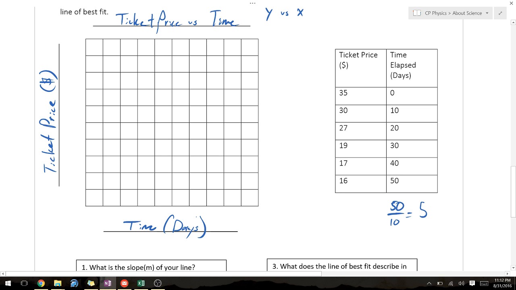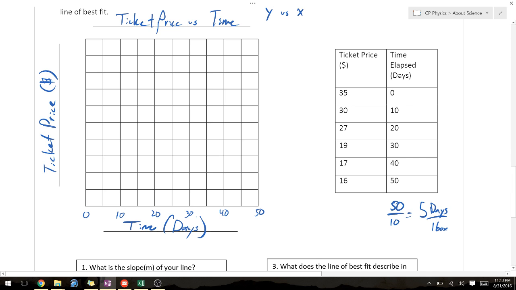If we were to write units, it'd be 5 days is equal to 1 box. So if we go by 5 for every increment, we will reach 50 by the exact end. We have our 0 here. I'm just going to do every other, and just do 10, 20, 30, 40, 50.